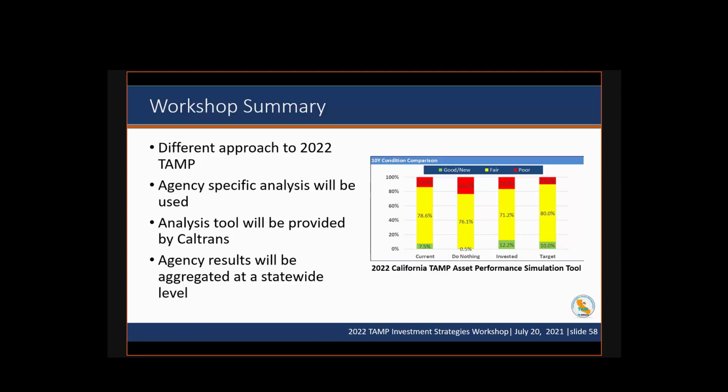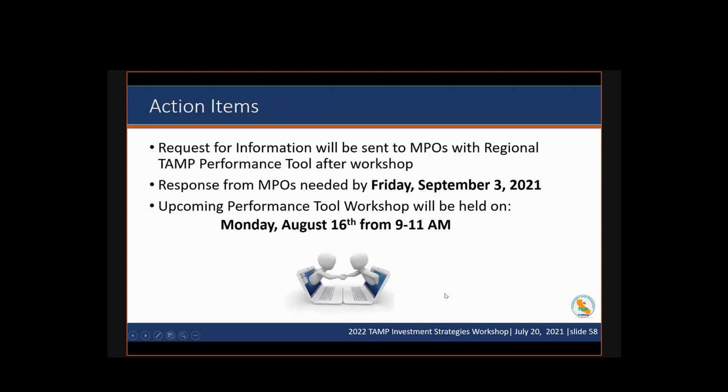And so rather than try to come up with one investment strategy, at the end of the day, the TAMP has one investment strategy, but ours is going to be the aggregate of some 20-plus strategies brought together. And we feel like that is actually a true reflection of what California transportation agencies will be doing. Next slide.